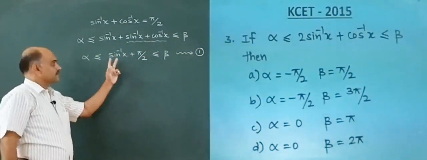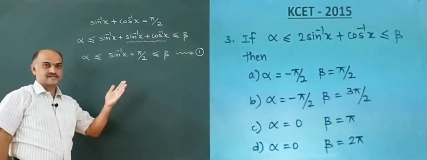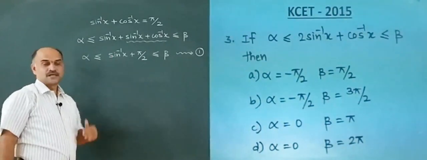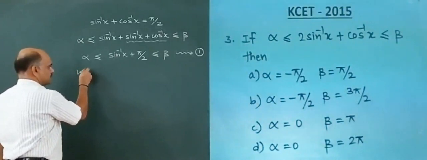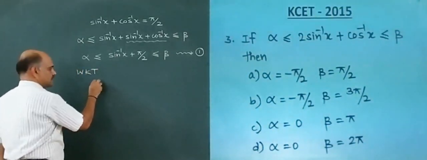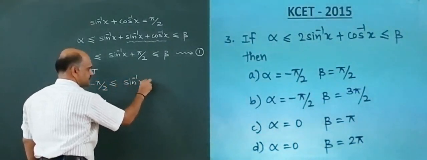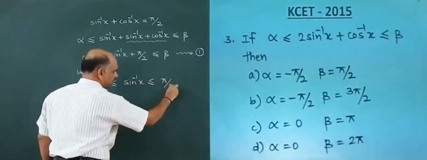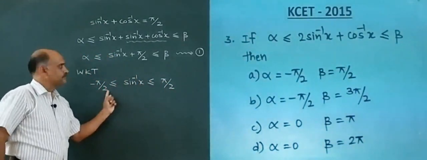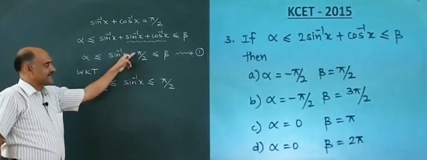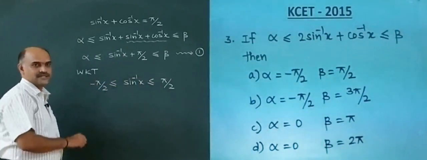Now from inverse trigonometry we know the range of sine inverse x. Sine inverse x will lie between minus pi by 2 and plus pi by 2. So minus pi by 2 less than or equal to sine inverse x less than or equal to pi by 2. But here we have sine inverse x plus pi by 2, so add pi by 2 to all three terms.